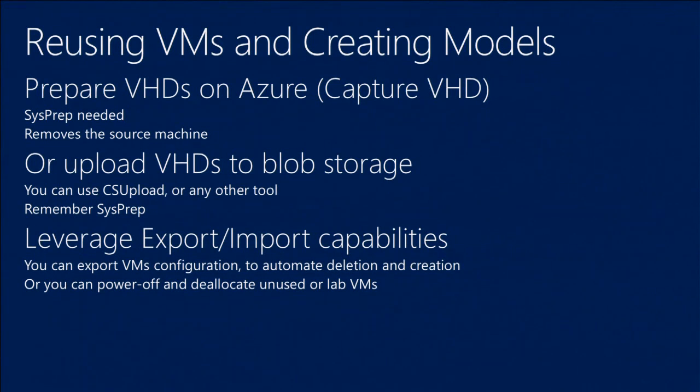But again, those VMs have to be sysprepped before uploading the hard disks. And you should use the CS upload tool, which is available in the Azure SDK, because this tool will not only upload the file to the blob storage, but will also convert your VHD into a pre-defined size VHD, which is a requirement for Windows Azure VM.